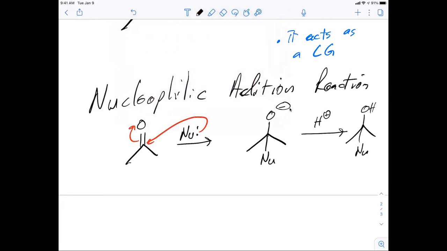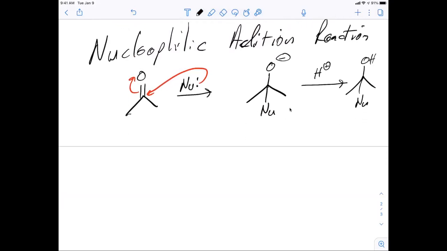What we're going to be looking at is different types of nucleophiles and how they react. But the mechanism is about the same. So when you see an aldehyde or a ketone in this chapter, the question is, is there a nucleophile there? If there's a nucleophile there, that nucleophile is going to react with the carbonyl.